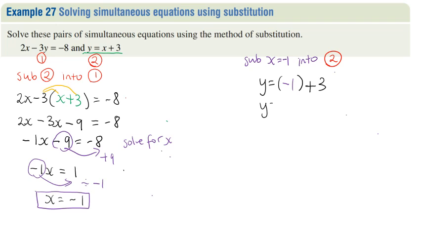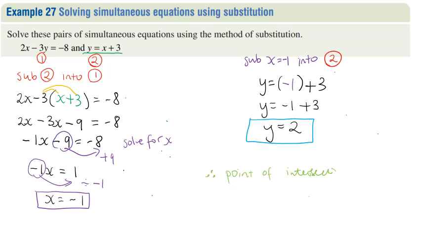So y equals negative 1 plus 3, y equals 2. So this is now my other coordinate. So my point of intersection is negative 1, 2.